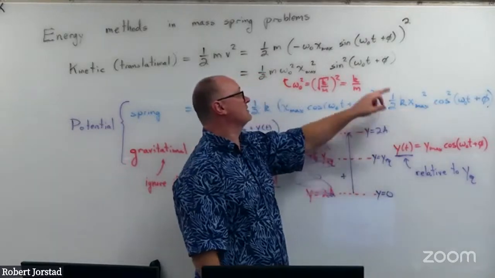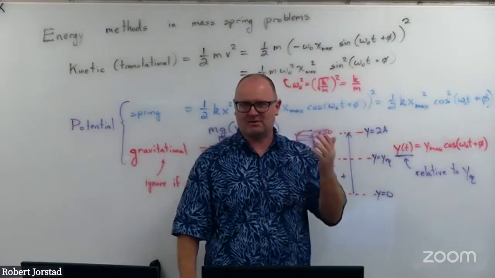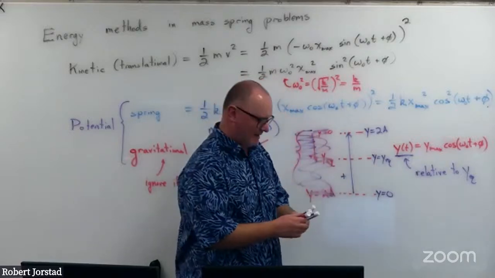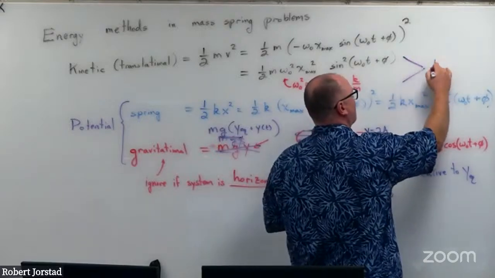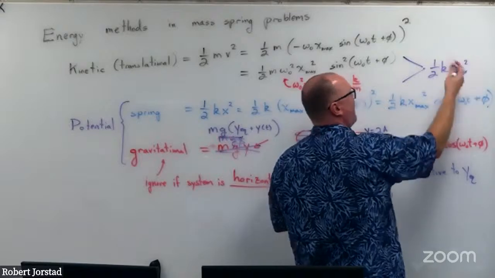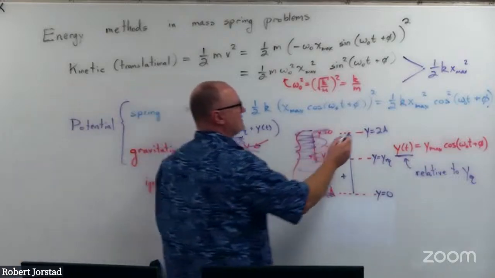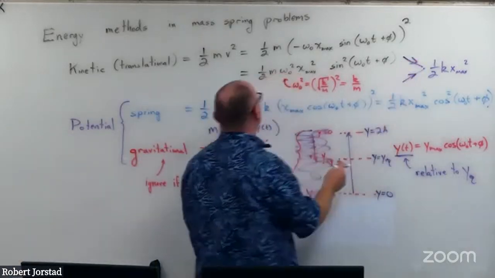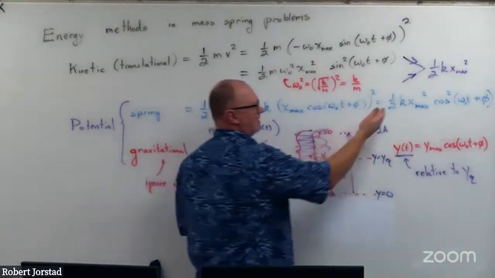When you take these two terms and add them together, they add up to 1 because sine squared plus cosine squared is 1. Be careful, they add up to 1/2 K X max squared times 1. So the energy associated with these two together, the kinetic energy and the spring potential energy, is this constant value.